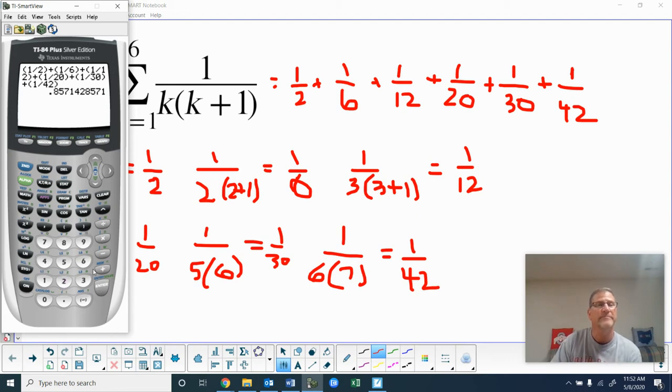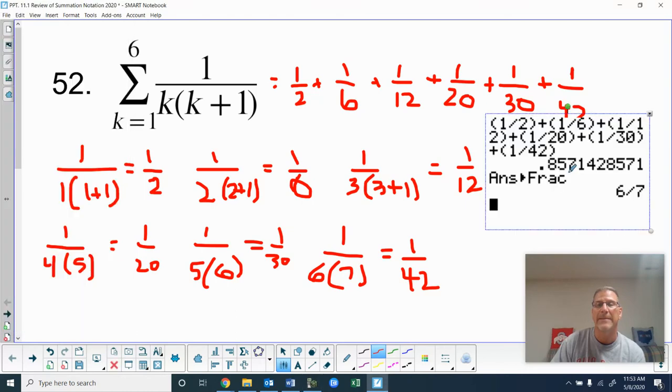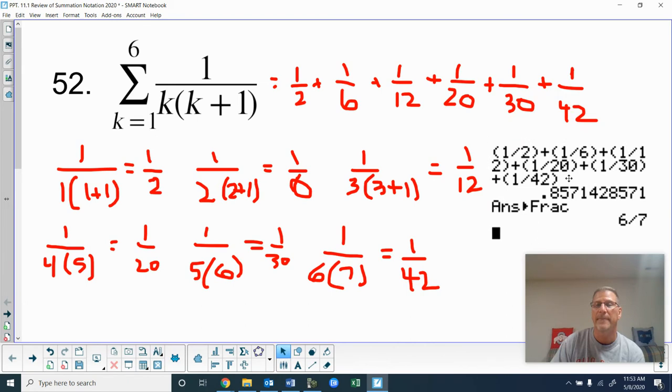All right, hit enter. And that's the decimal. I like to write the fractions, so I go to math and hit enter twice to change it to a fraction. All right, so if I pull that over, there's the work on your calculator.